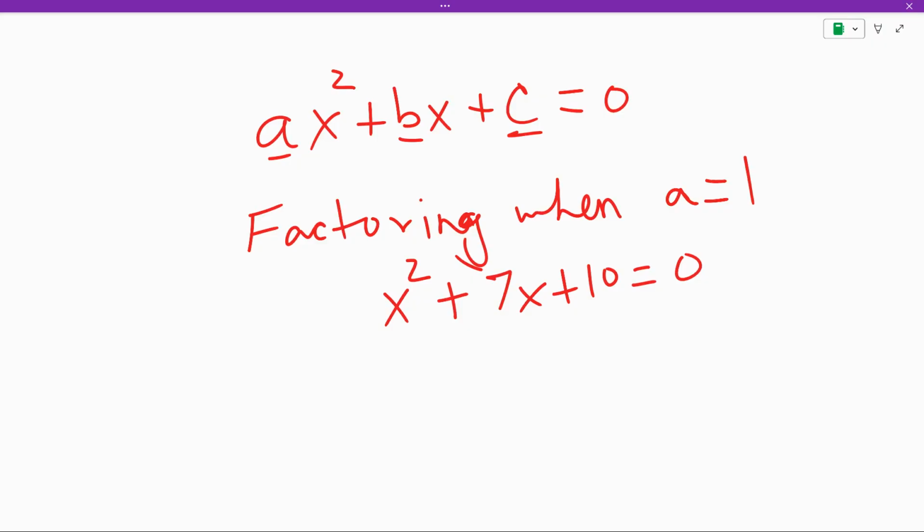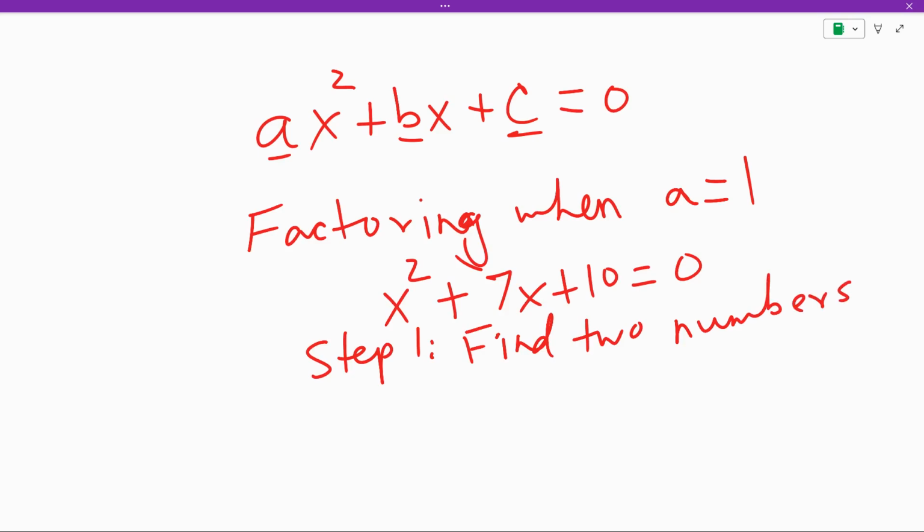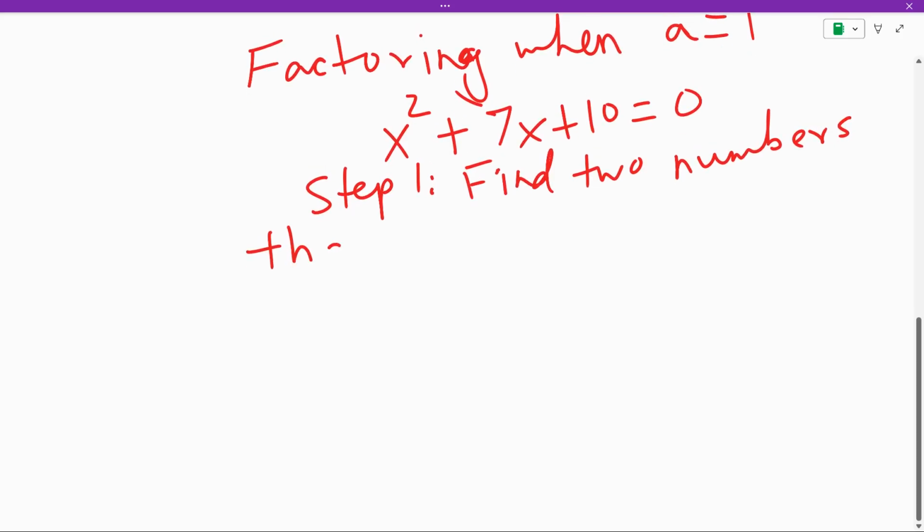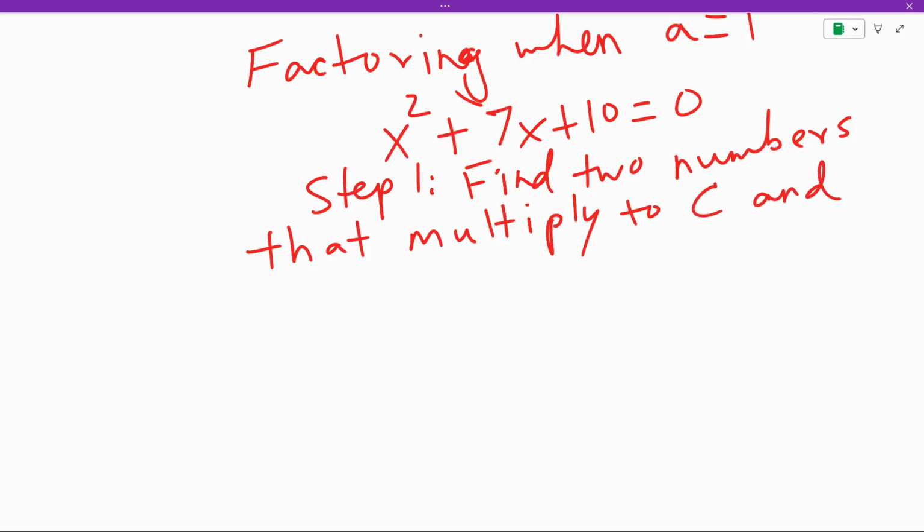The first step is to find two numbers that multiply to c and add to b.